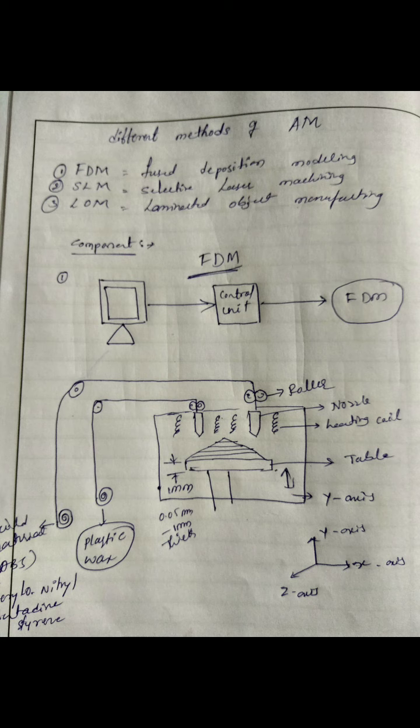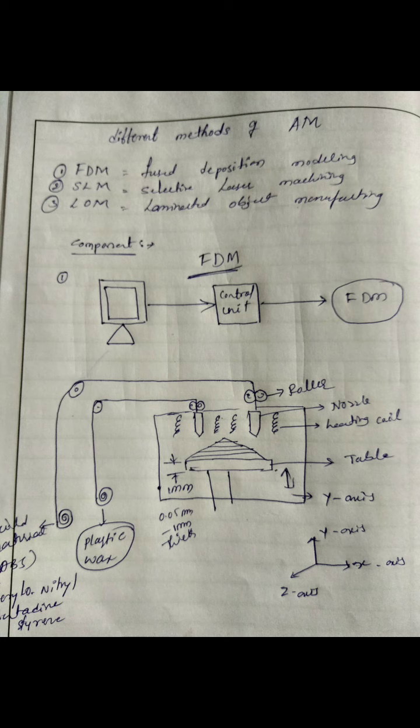Build material is used as ABS, acrylonitrile butadiene styrene. Please remember it. As the build material, we are going to use the ABS material. What is the long form of ABS? What does ABS stand for? Acrylonitrile butadiene styrene. This is one build material used in FDM, fused deposition modeling.